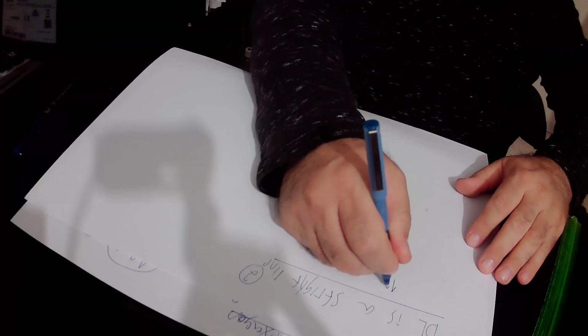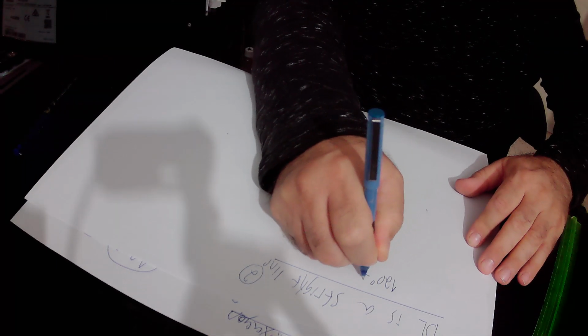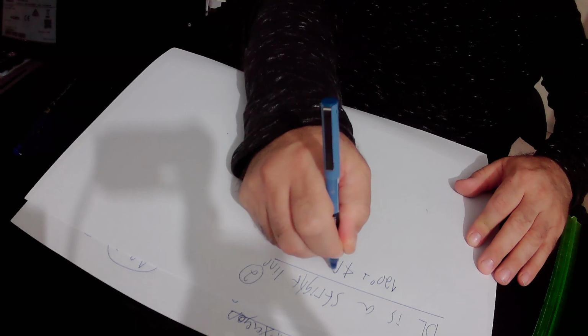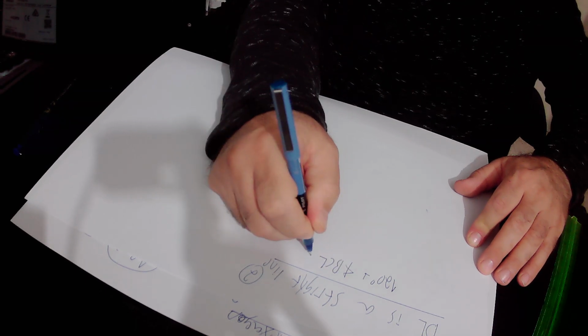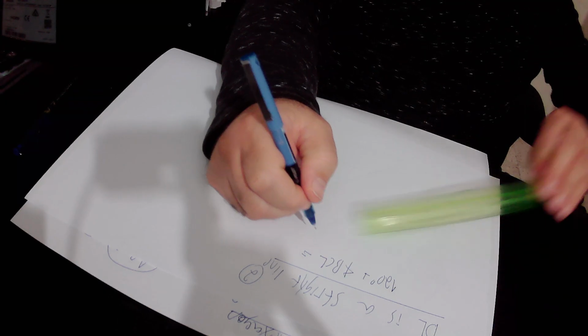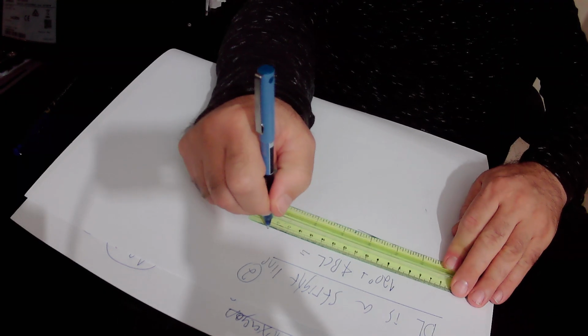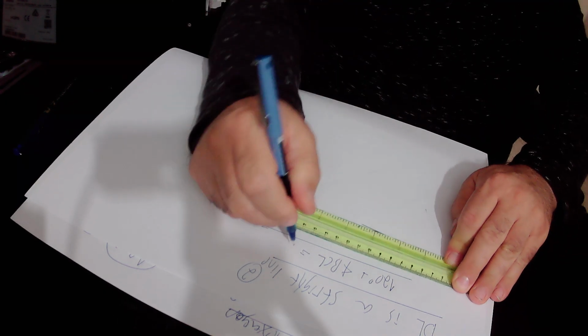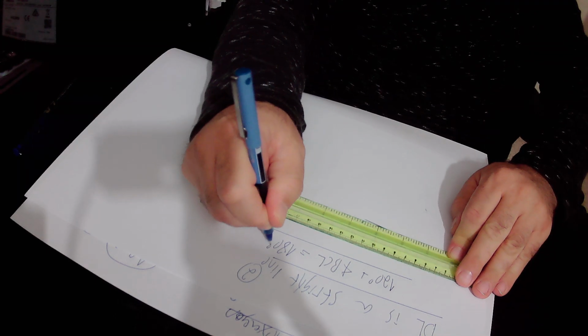120 degrees plus the missing angle, that is actually angle BCL. In total, the sum of those two angles must be equal to 180 degrees according to rule number 1.